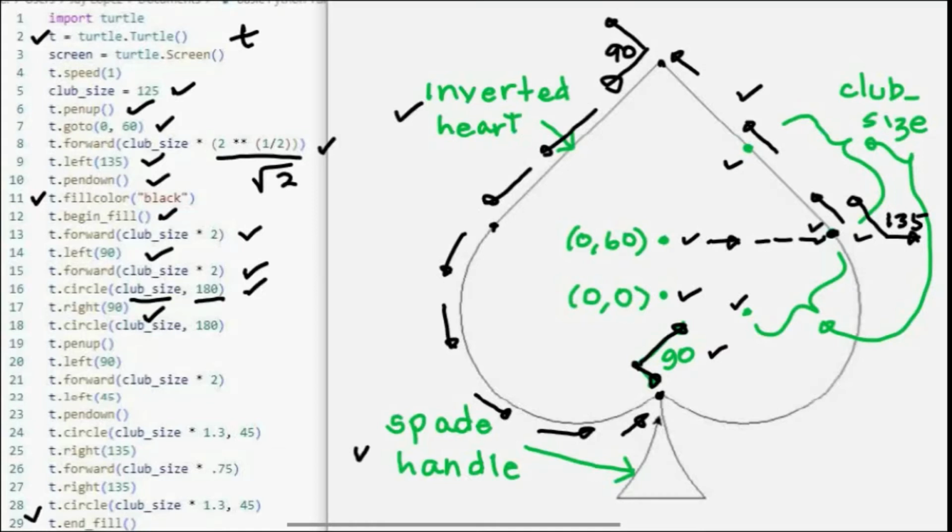And then I will draw the second arc. So I will go like this. Okay, go around the bend again. Continue until we reach this point here.